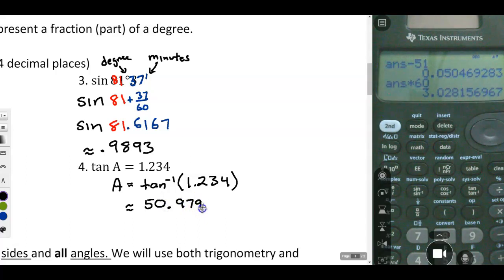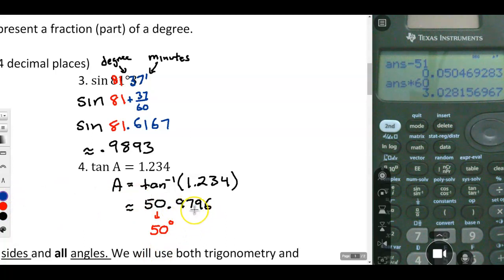As promised, that 0.234 more came out to 50 degrees. If it's just 1 by itself, it would have been 45, and this little decimal more increased it by 5 or 6 degrees, making it a little bit bigger. So of course, this is the degree, 50 degrees, and this part is the minutes.